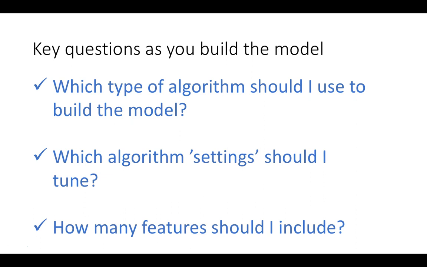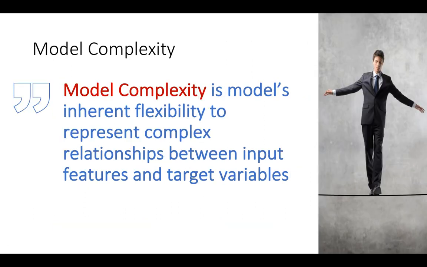These are the questions we have to ask, and to answer all of them we talk about a concept called model complexity. Model complexity is a model's inherent flexibility to represent complex relationships between input features and target variables.